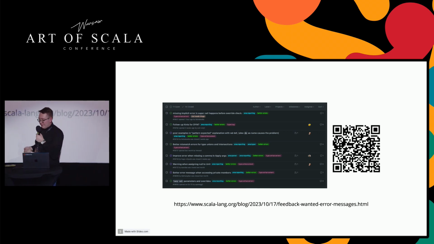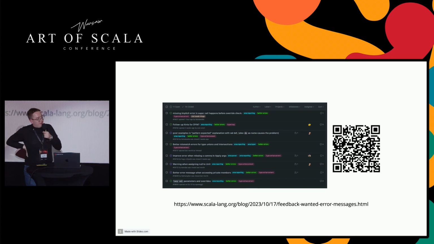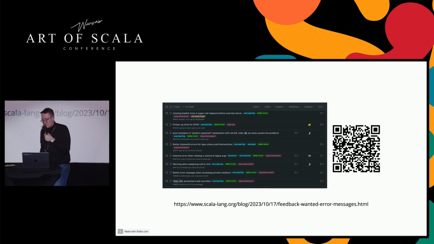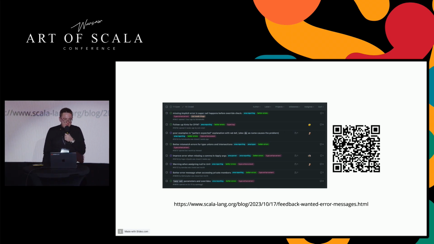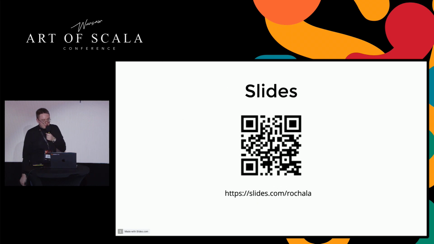And how to do this? You can find it in this QR code or on the Scala Lang website. There were already 25 error messages which could be improved reported to the compiler, 14 of which have already been fixed. By doing this, we will all have better error messages, so a better life. Yeah, and those are my slides. So thank you.